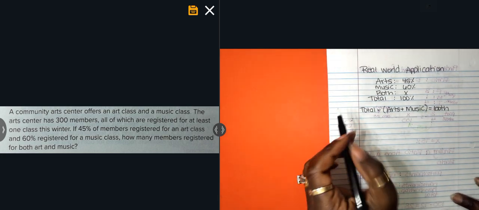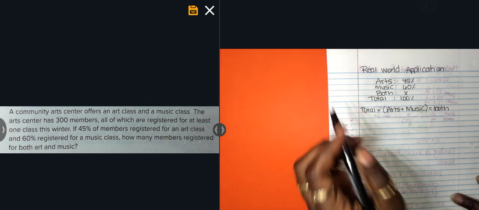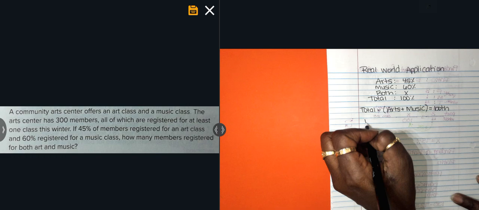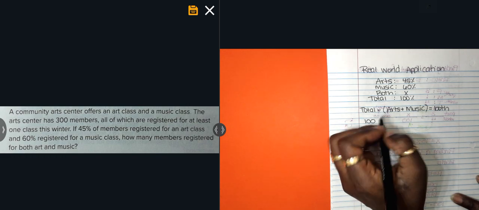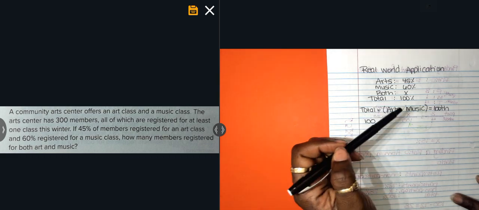So now I'm just going to take this information from the story and substitute it in down here. So the total is going to be 100. And I dropped the percents because remember, we're talking about a group of 100. When we talk about percent, we're talking about for every 100.